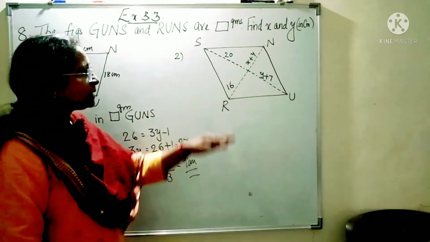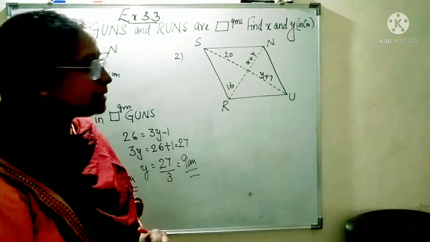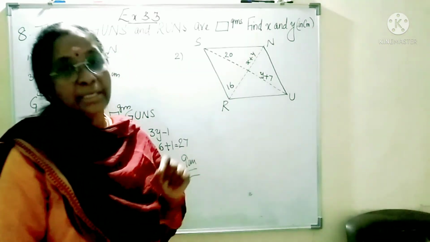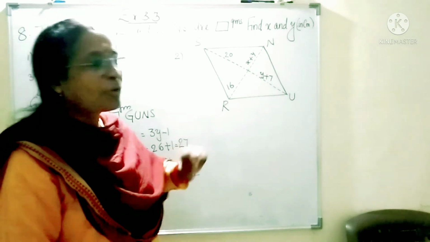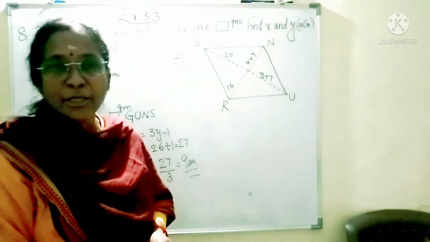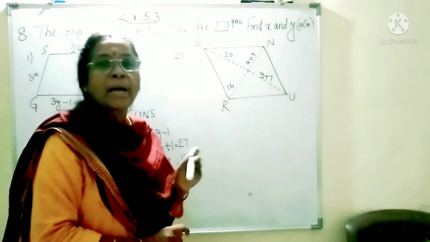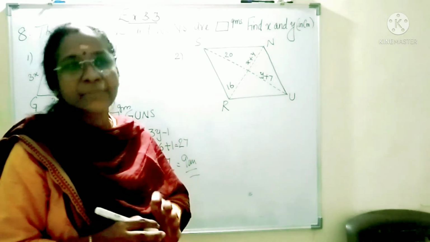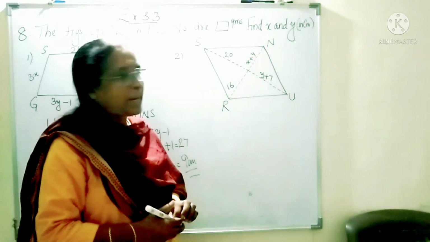Now here again it is related to length, but not the length of the sides, but the length of the diagonals. What do you know about the diagonals of a parallelogram? Yes, the diagonals of a parallelogram bisect each other. Bisect means they cut each other into two equal parts.